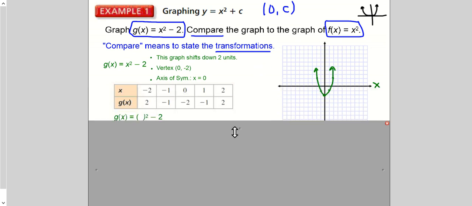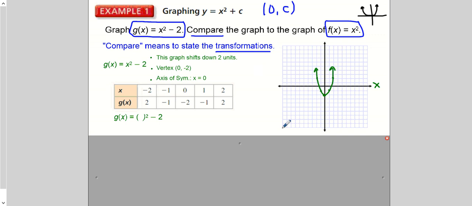To make a graph, the main way we're going to do it is we're going to make a table. Pick lots of x's, put them into your equation one at a time, and find what y values you get. So you put in negative 2. Remember order of operations, please excuse my dear Aunt Sally: parentheses, then exponents, then multiplication and division together from left to right, add and subtract together from left to right.